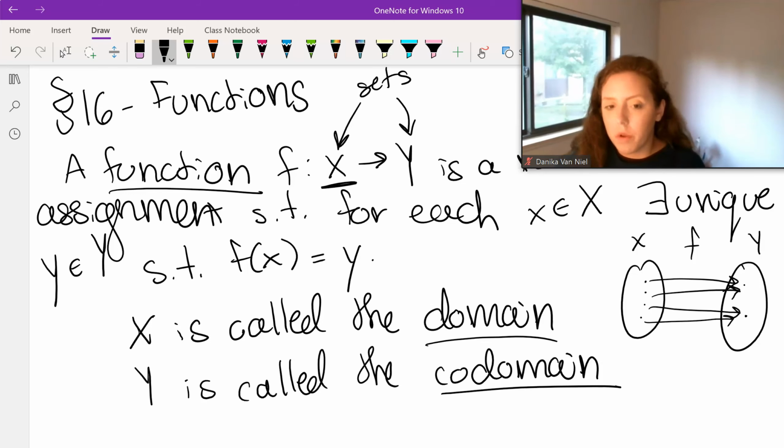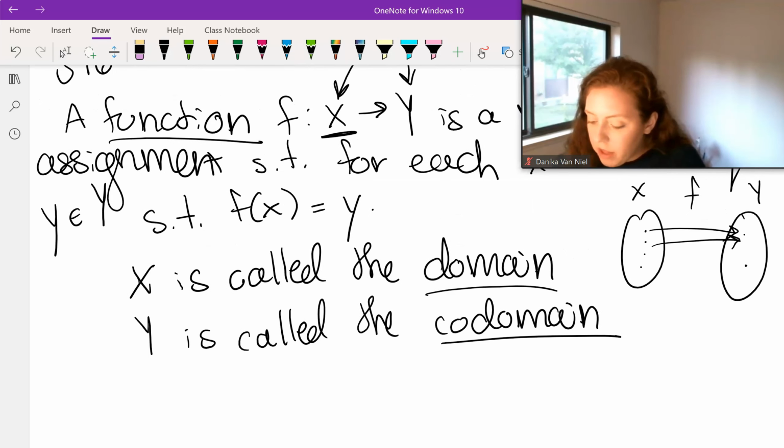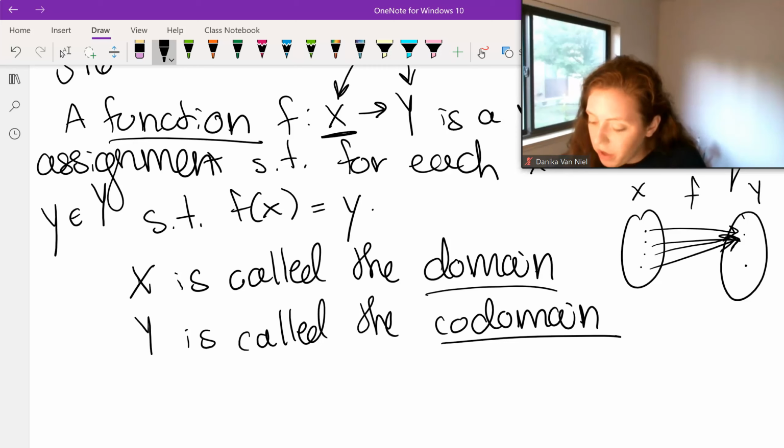We'll continue to talk about what you are allowed to do and what you're not allowed to do in a minute, but this is the picture you can have in your head for right now. Okay, so you might be thinking, well Danica, what if all of them went to that point in this picture, so this element never gets hit?